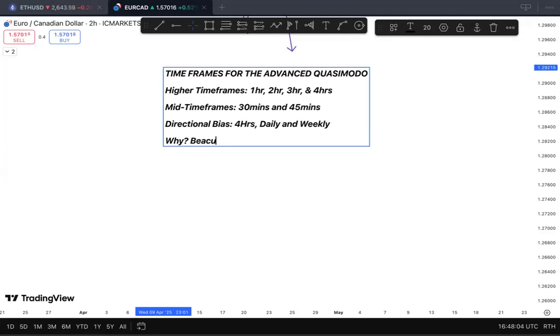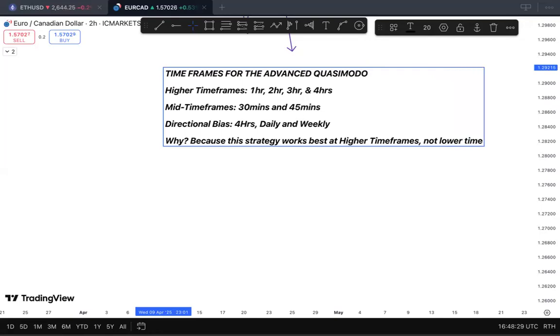Because this strategy works best at higher time frames, not lower time frames. Okay, it works best at higher time frame, not lower time frame.